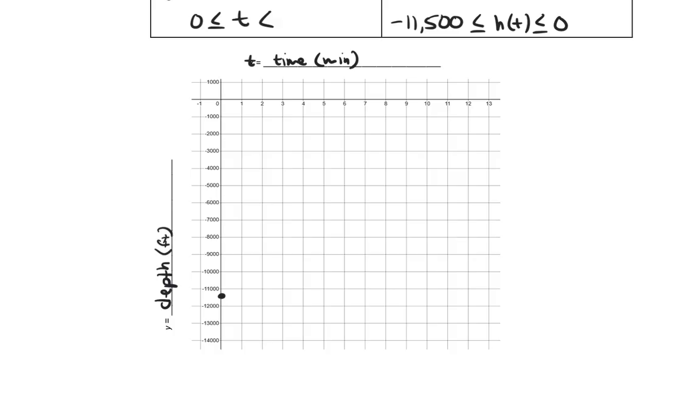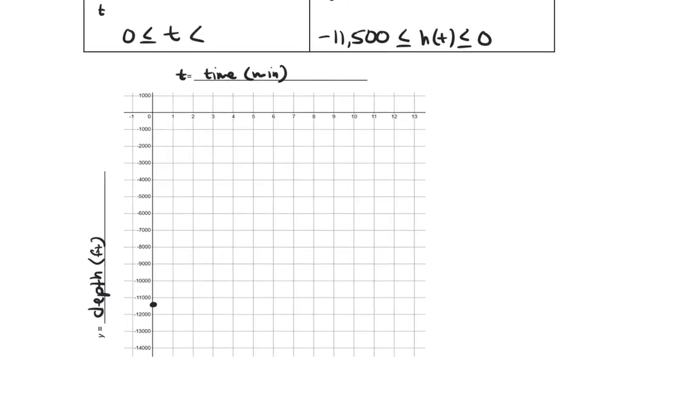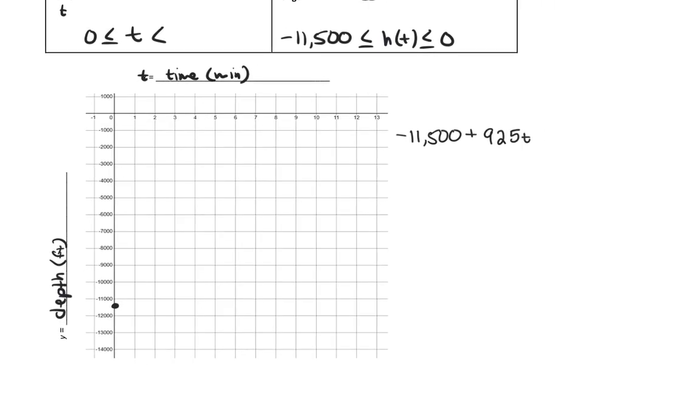Okay, so you know what I'm going to do? My function was negative 11,500 plus 925 times t. I want to know when we hit the surface, right? I want to know my x-intercept.